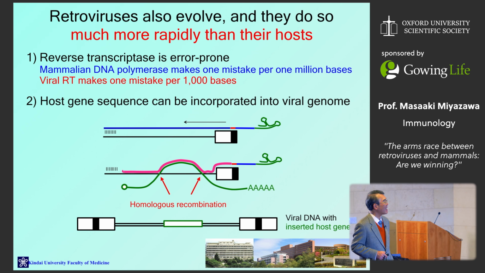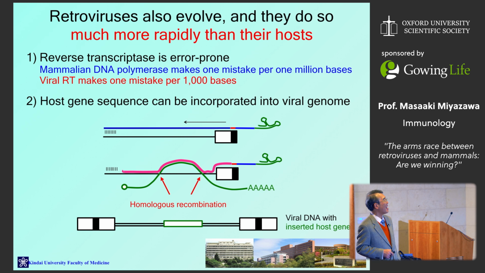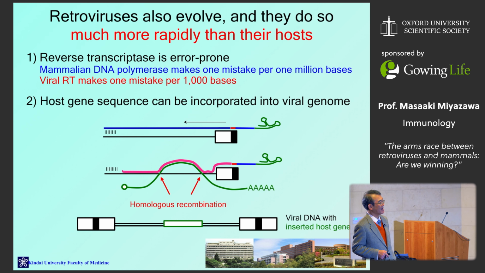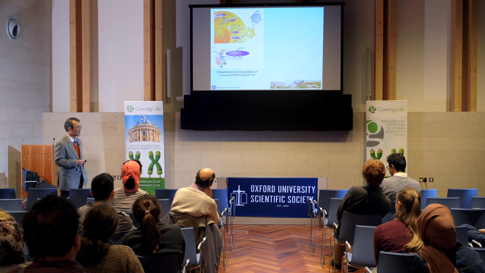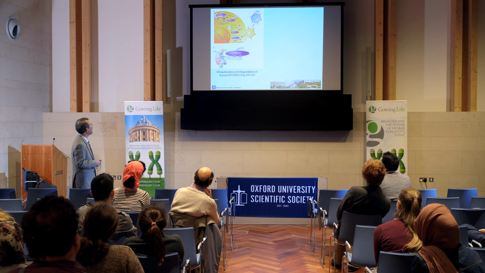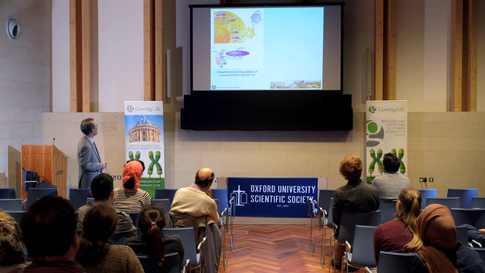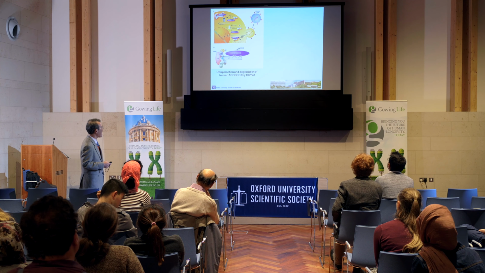And in this way, during the replication, retroviruses can acquire cellular genes into the viral genome. So one consequence of that is, for example, the Vif protein that is encoded by HIV.